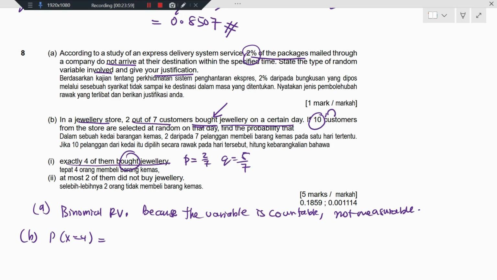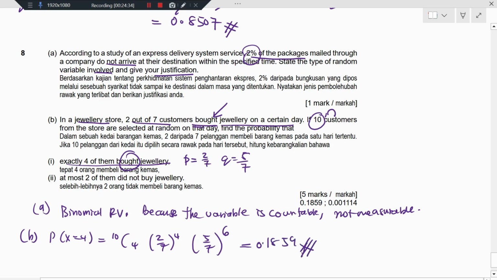So out of 10 you choose 4, and then 2 over 7 power 4, and then 5 over 7 power 10 minus 4, which is 6. Okay, quickly put in your calculator and calculate this. And I'm getting 0.1859. Okay, tally with our final answer.